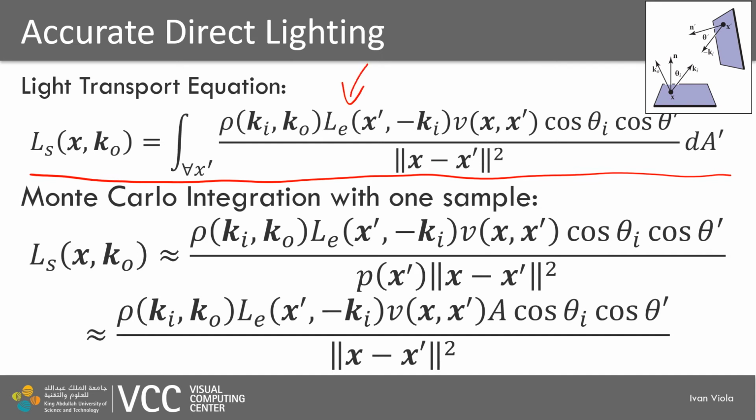Here we have the visibility term. We also have the distance taken into account, where with increasing distance the light energy will be smaller and smaller. And this continuous formulation we can estimate again with Monte Carlo integration.